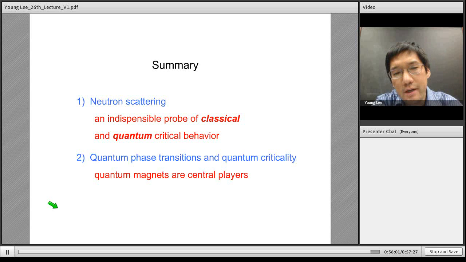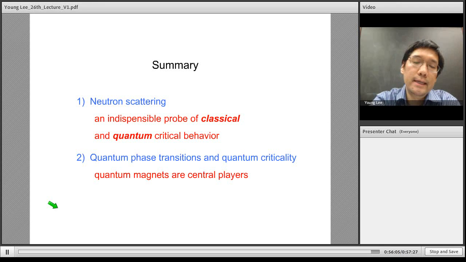So that was kind of a whirlwind tour of various ways neutron scattering has made an impact in studying quantum critical phenomena. I think it's clear from last lecture and this lecture that neutron scattering is an indispensable probe of both classical and quantum critical behavior. I would argue it's one of the most important probes, and it's very versatile as well if you have the right samples.